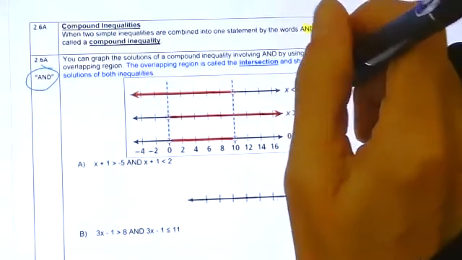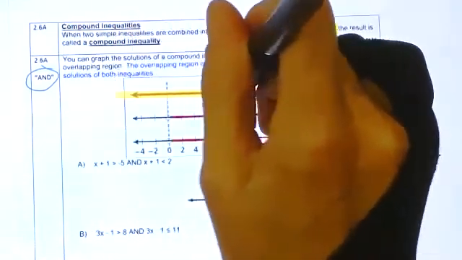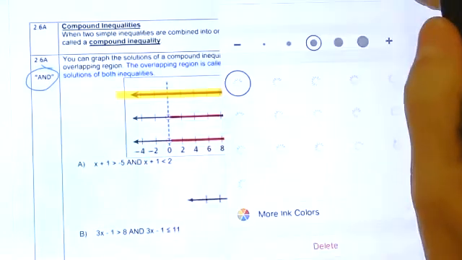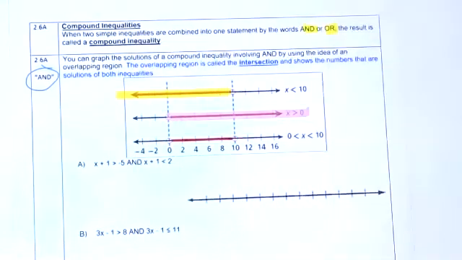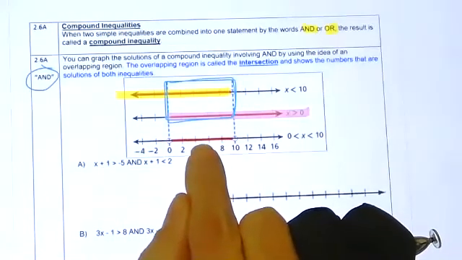For example, if I were to graph x is less than 10, it's all of these numbers here. And then if I were to graph x is greater than 0, that's all of these numbers here. These numbers here in the middle are the only numbers that are highlighted for both of them. So that's our final solution.